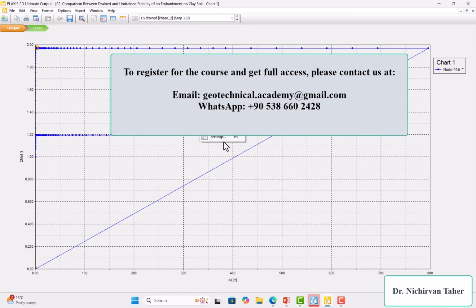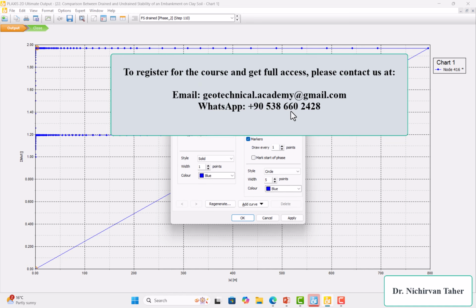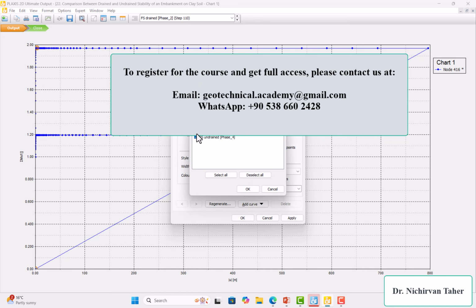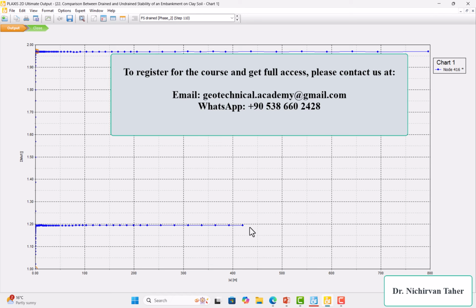Here I right click on setting and click on node faces, and I will only select the safety factor faces. We click OK. So we can see this is a factor of safety versus deformation, and this one is the high safety factor, which is about 2. This is for a drained condition, and this low safety factor is in case of undrained condition.